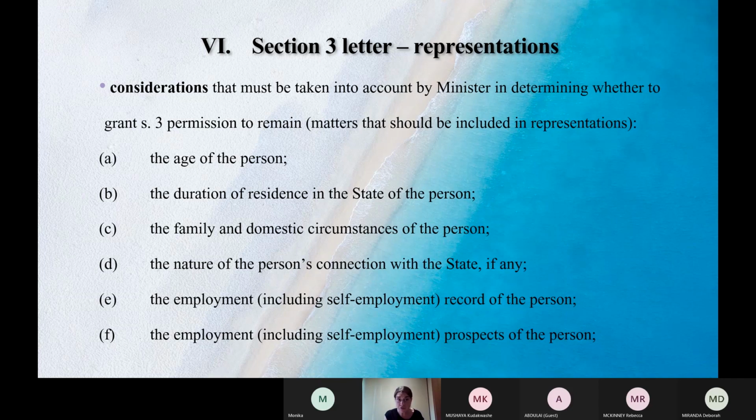So Section 3 itself of the 1999 Act sets out a number of considerations that the Minister must take into account in determining whether or not to grant a person permission to remain.